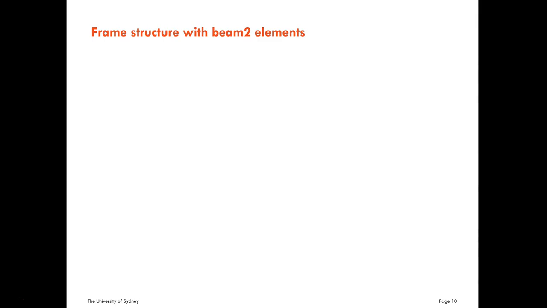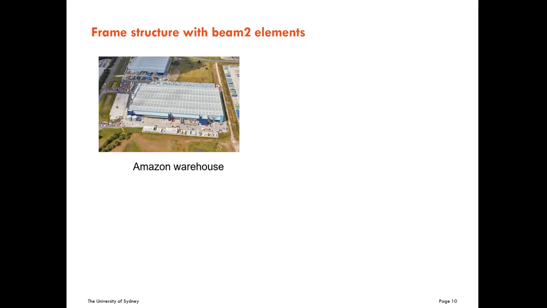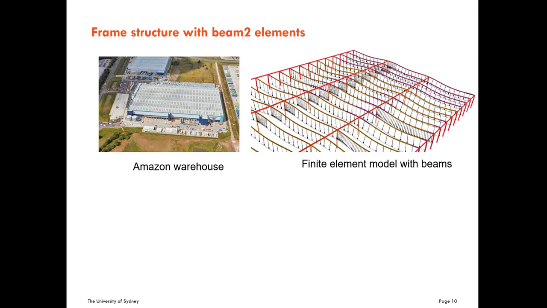Okay, we are going to see how we can use these beam2 elements in civil engineering structures. So I have here 2 examples. This is an Amazon warehouse. This is an example of long span structures. The distance between here and here is around 10 meters.